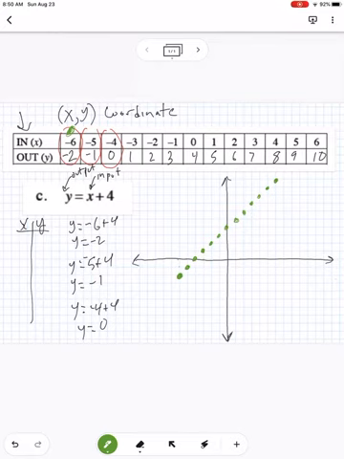Okay, so that is exactly what you would do to find the outputs of a function, since you're given the inputs, and then graph those coordinate pairs on a coordinate plane. You'll repeat this for the questions you're doing today, and that should be it for today. Okay, I hope this is useful.